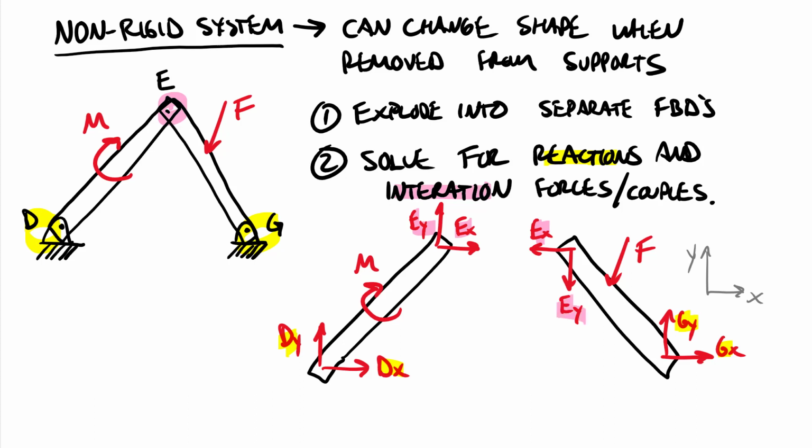Now for this case, we have two multi-force bodies, and we have three equations of equilibrium for each one of these. So 3 plus 3 is 6, and we could go through and count the number of unknowns. I'll do it with the underline this time. So Dx, 1, 2, 3, 4, 5, and 6.